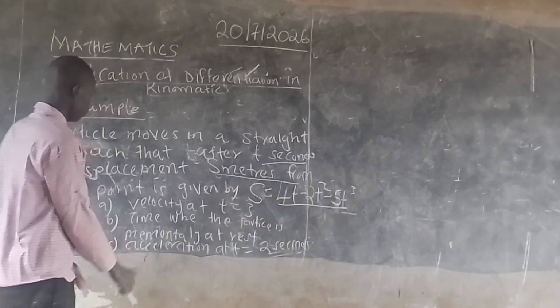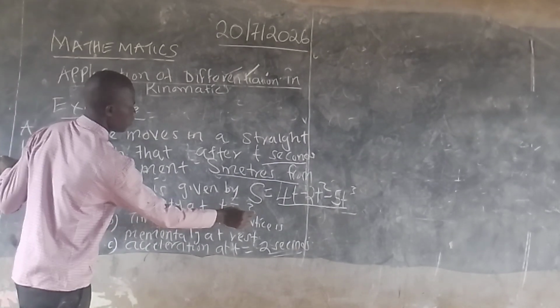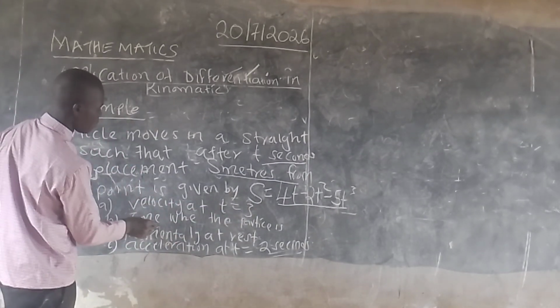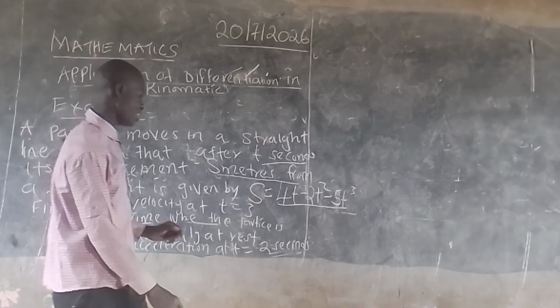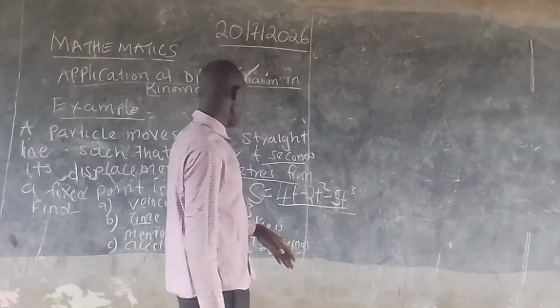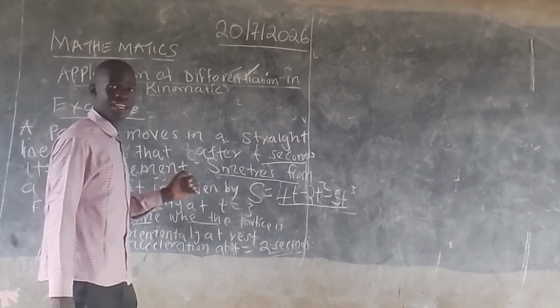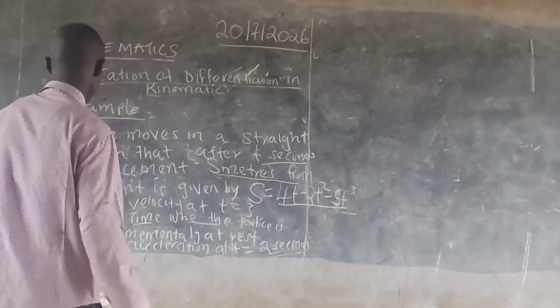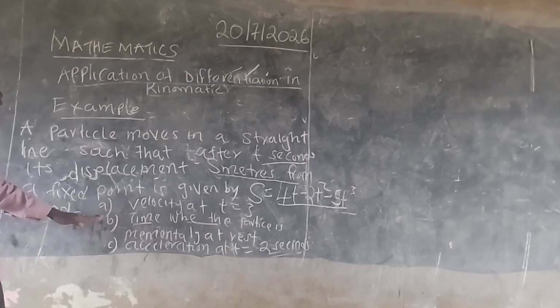We find the velocity at time equal to 3, the time when the particle is momentarily at rest, then the acceleration at t equal to 2 seconds. Let us navigate through this question, so that we can understand other new concepts.